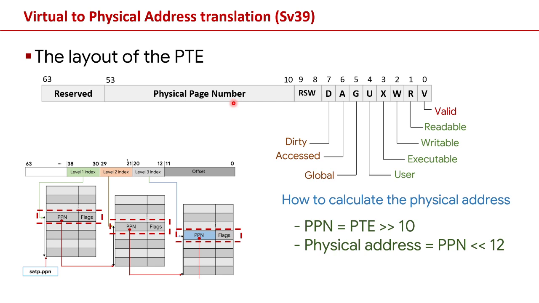The physical page number is placed in the 10th to 53rd bit inside the page table entry. So this layout can be identified in every page table. This red box is the page table entry. If you look at the data in more detail, you can find this kind of layout.